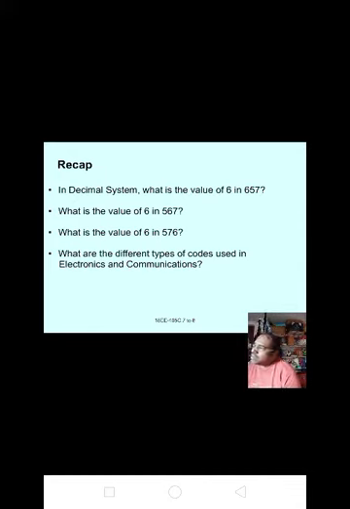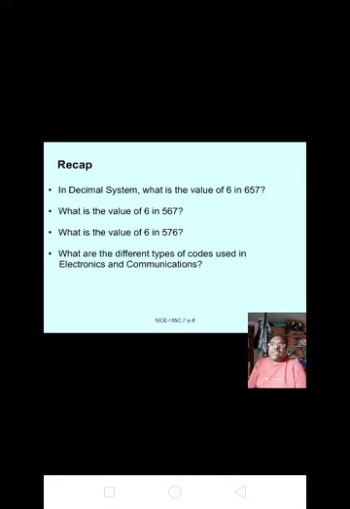In 657, 6 means hundreds place. Next, 567. What is the place of 6? Tens place. Next, 576. Units place.